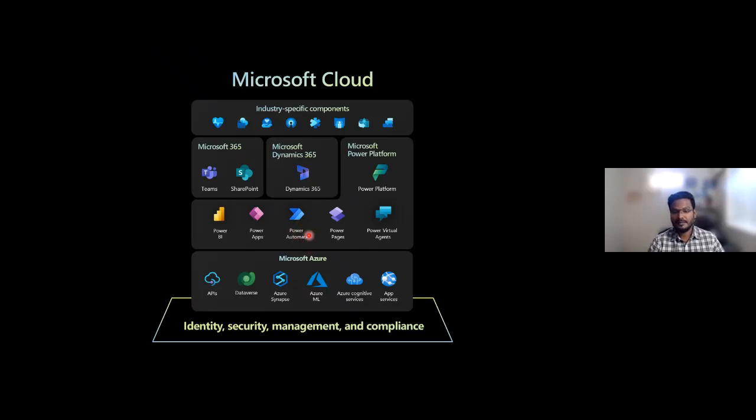Power Automate is the workflow component, and then Power Pages builds websites for internal or external users, where you can have authenticated and anonymous users. And Power BI is the analytics and reporting tool, which doesn't need any introduction.